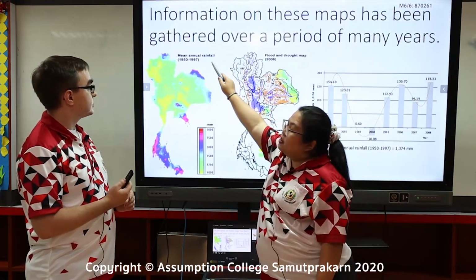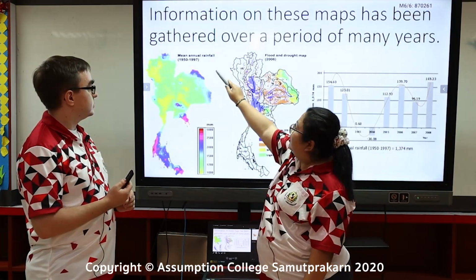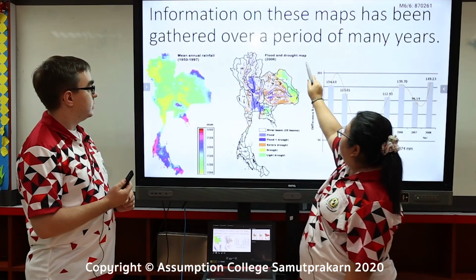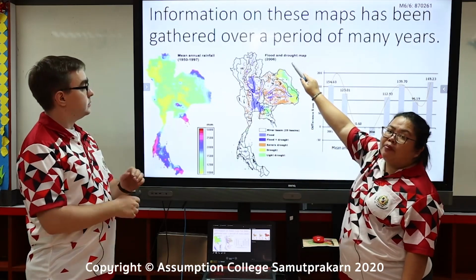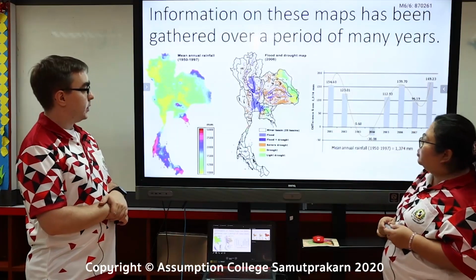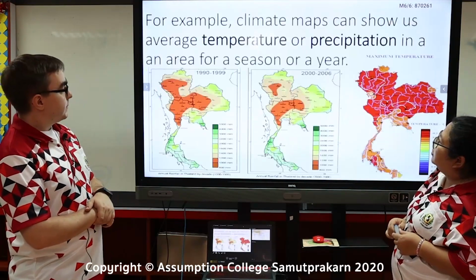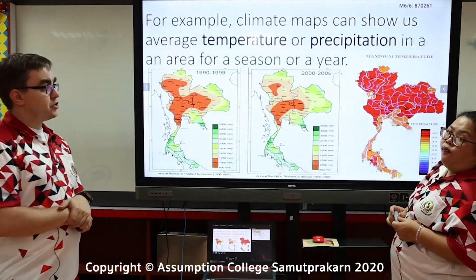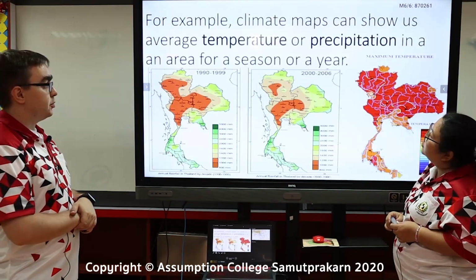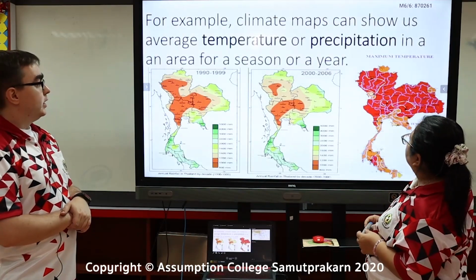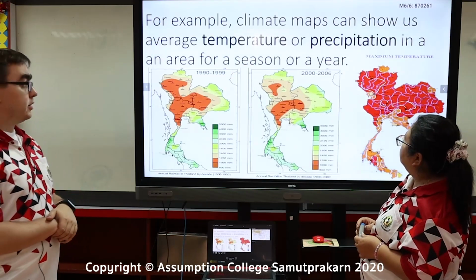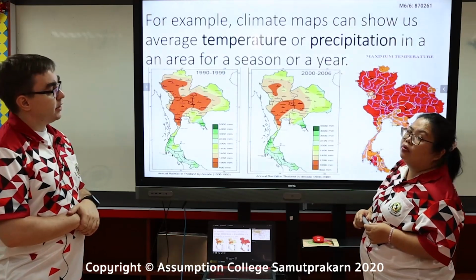Okay, rainfall means ปริมาณน้ำฝน, and drought map means ความแห้งแล้ง. Okay, next. Now, they usually show us temperature or precipitation, rainfall, over a span of many years for that area.